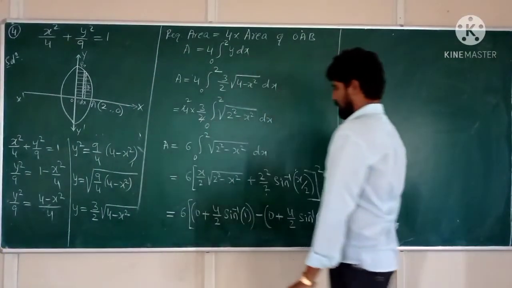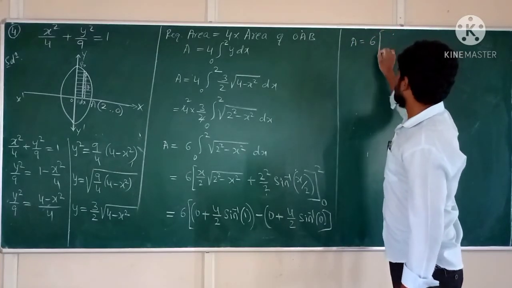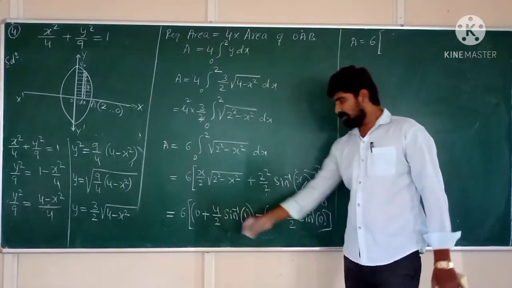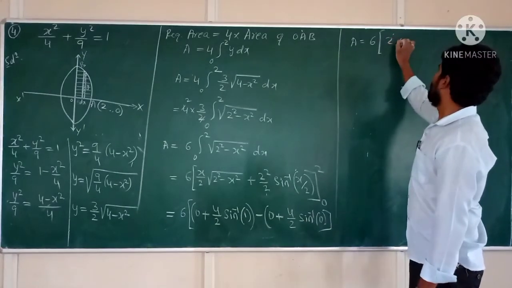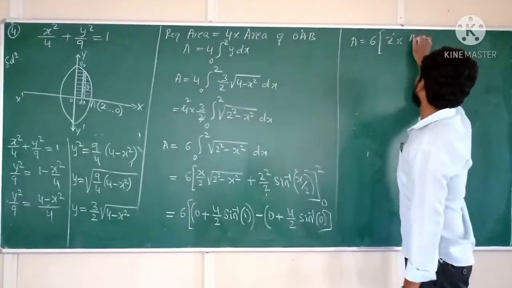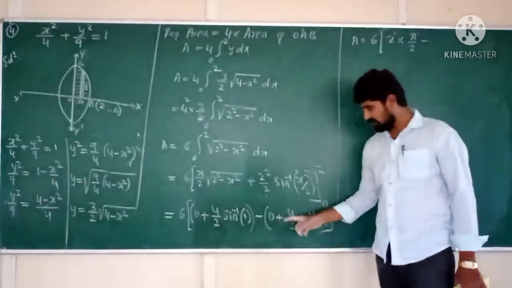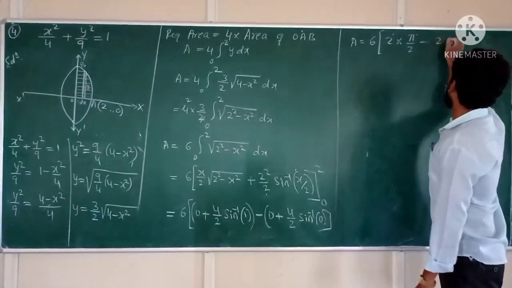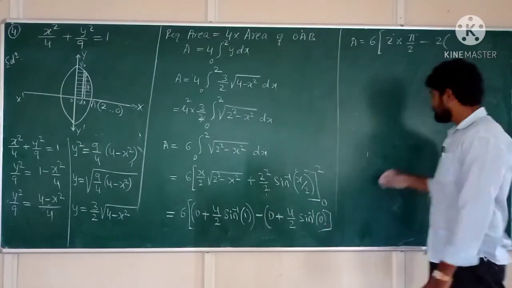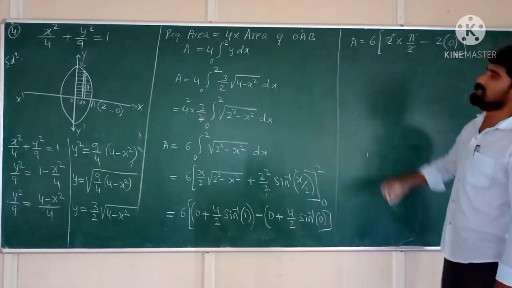So therefore area is equal to 6 into 4 by 2, which is 2, into sin inverse 1, whose value is pi by 2, minus 4 by 2, which is 2, into the value of sin inverse 0, which is 0. 2 and 2 get cancelled.